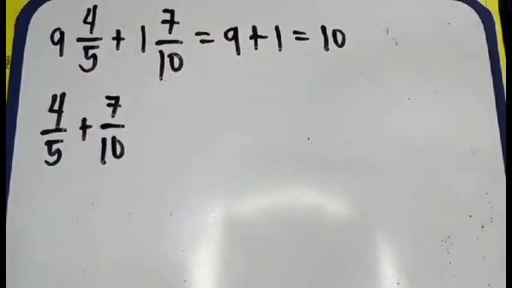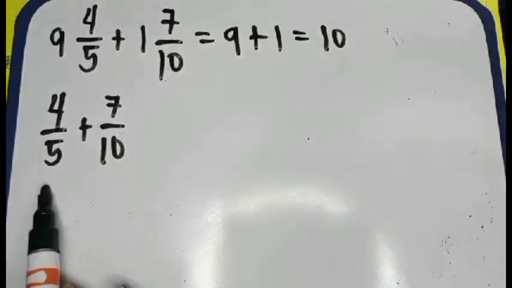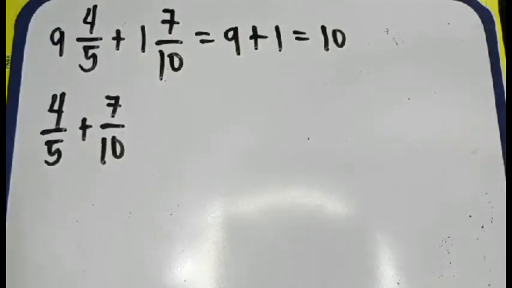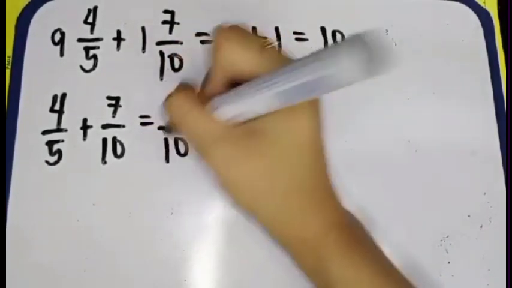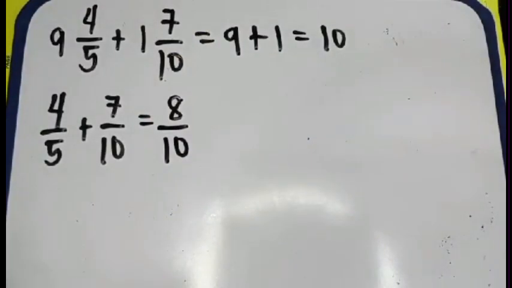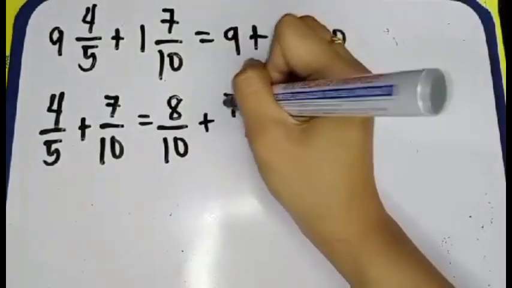As you can see, they are not the same denominator, so let's find first the LCM. The LCM of 5 and 10 is 10. So 4/5 is i-multiply natin by 2, and that will be 8 over 10. While 7 over 10 is i-multiply naman natin by 1, and the answer is 7 over 10 pa rin.